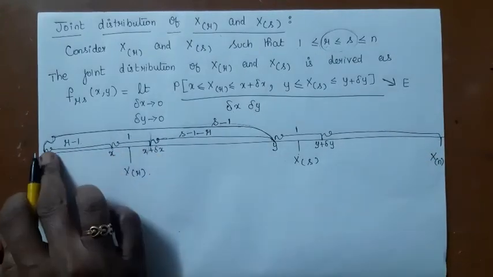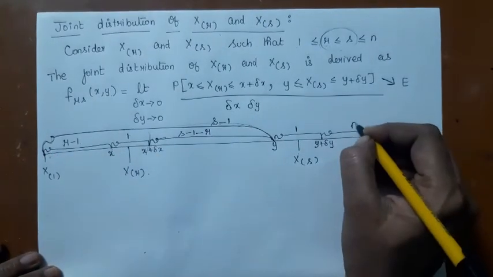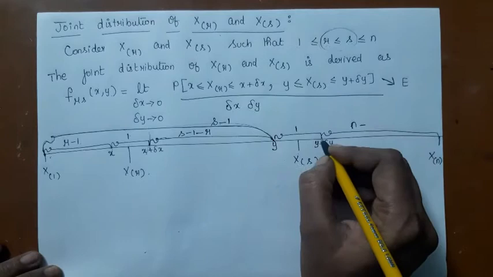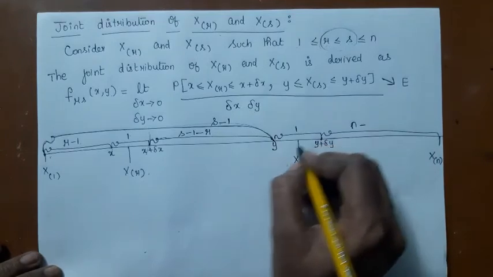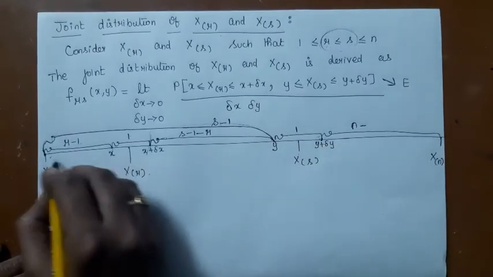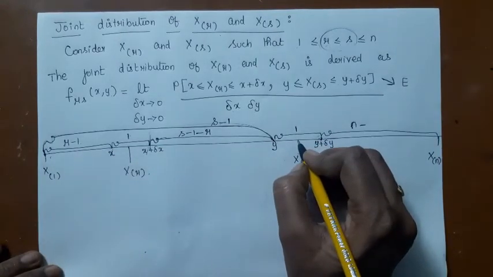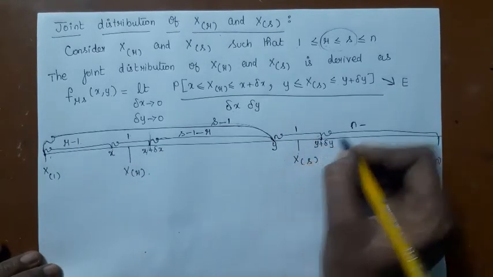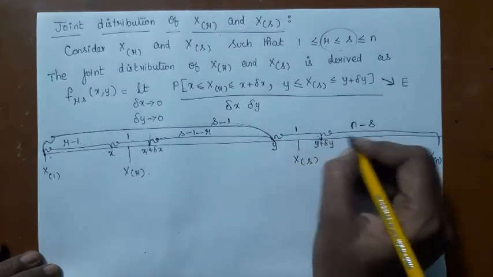From the beginning, n values are there, out of which up to this point only one value lies within the small interval, and up to this you have S values, and after that no value exists. So it is n minus S.